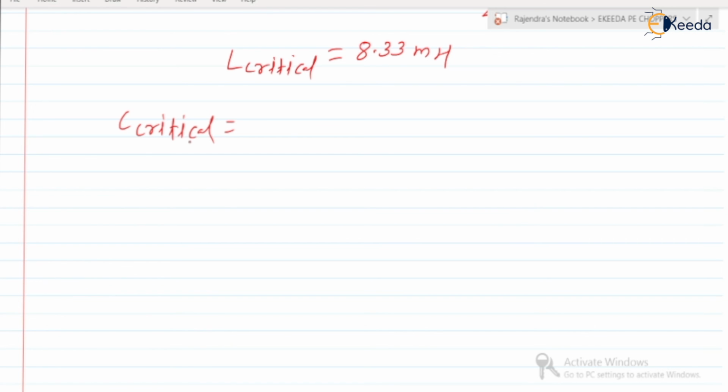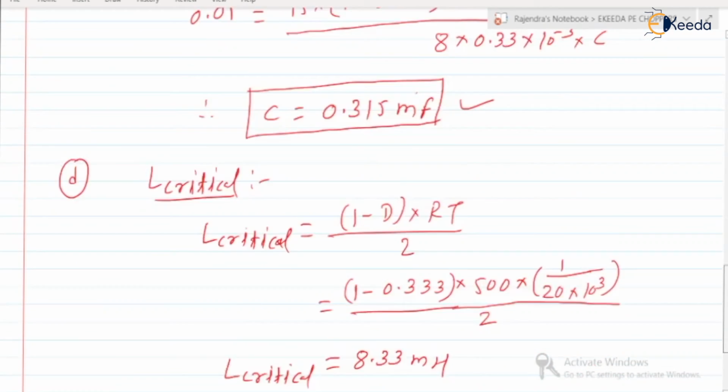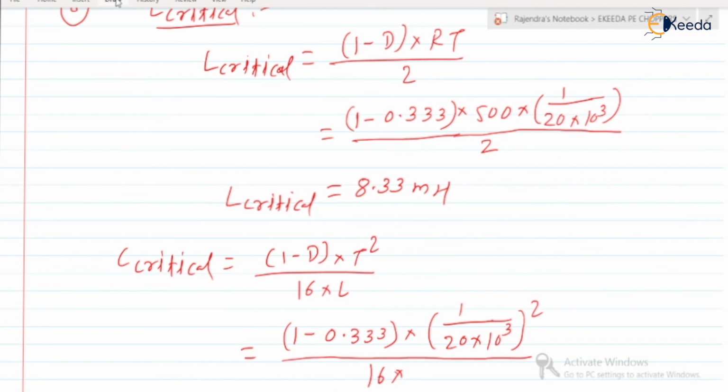C critical is equal to 1 minus D into T square divided by 16 L. So it is equal to 1 minus D, D is 0.33, into T square, that is 1 upon 20 into 10 to the power 3 square, divided by 16 into L. What is the value of L? Yes, we have calculated 0.33 millihenry, right?